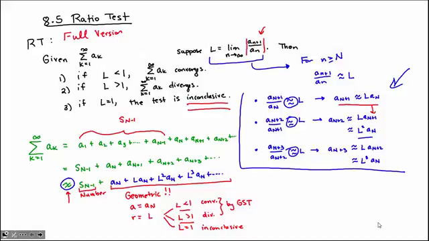And then this test still works. And what's really nice is that we don't have to worry about terms being positive anymore. Now the reasoning is mostly the same but requires a few results we don't have yet, so we will omit the proof of the full version at this time. But again, what's nice here is now there's little to check regarding necessary conditions to use the test. All we have to do is take the limit of ratios.